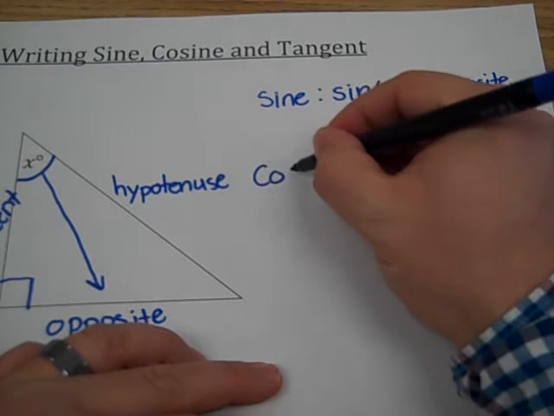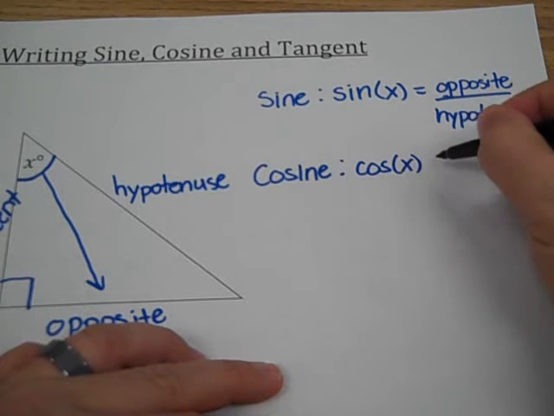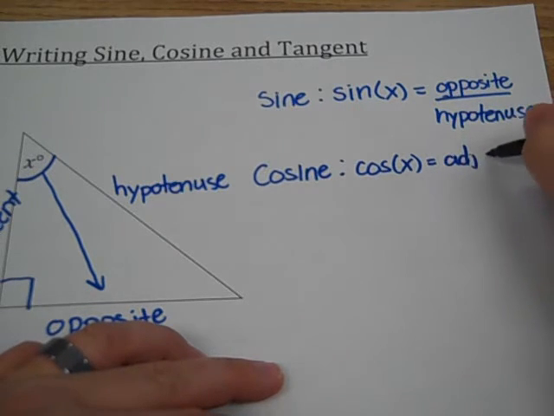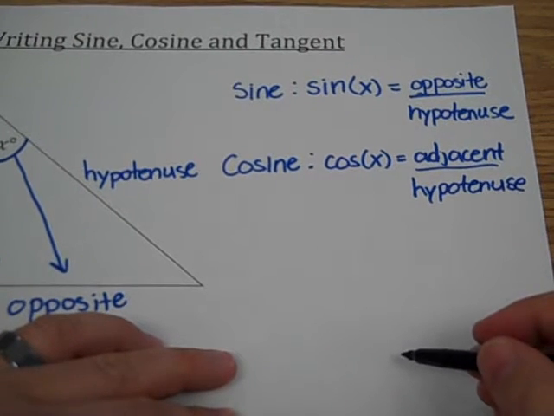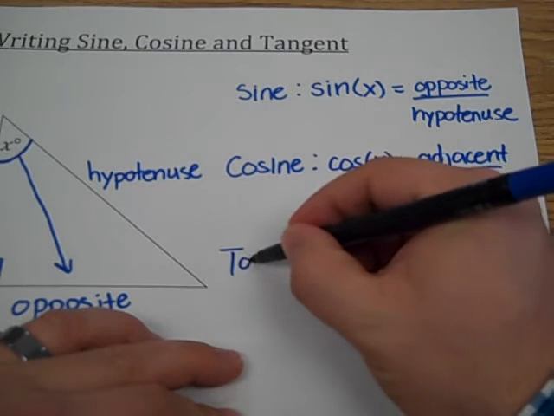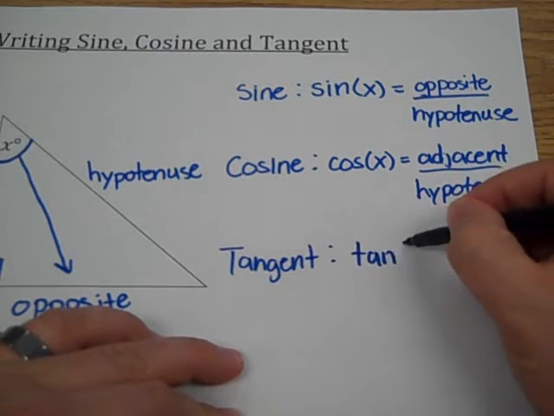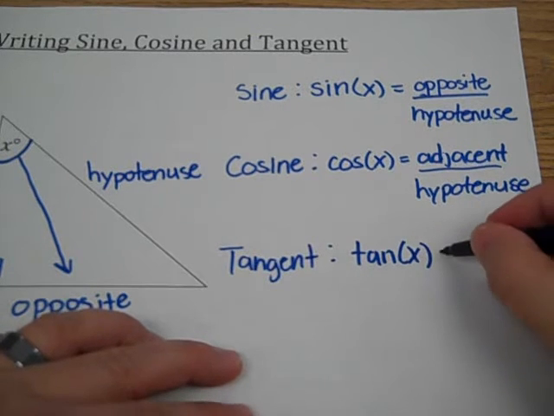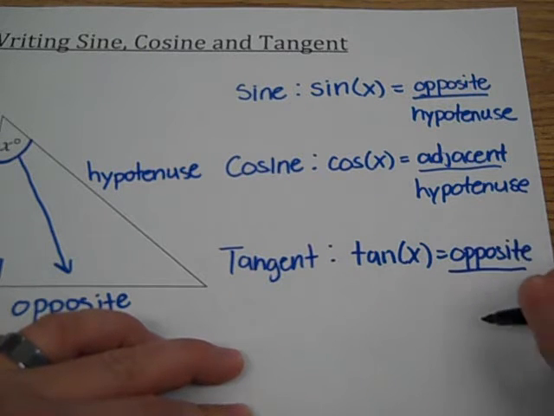The cosine, which we abbreviate cos, the cosine of that angle is the adjacent side divided by the hypotenuse. And the tangent, which we abbreviate tan of that angle x, is the opposite side divided by the adjacent side.